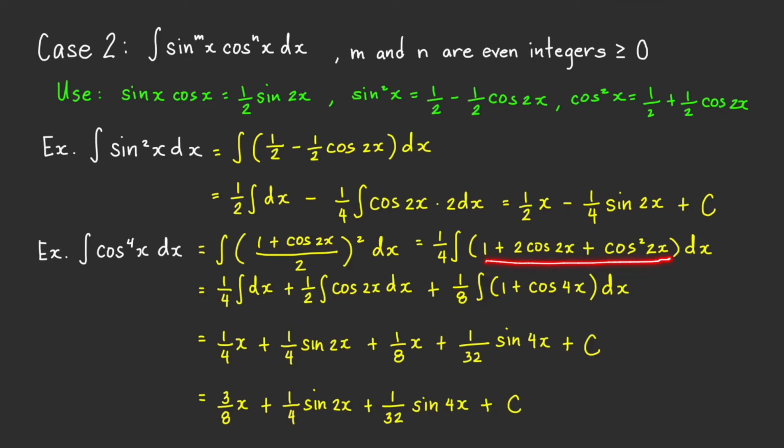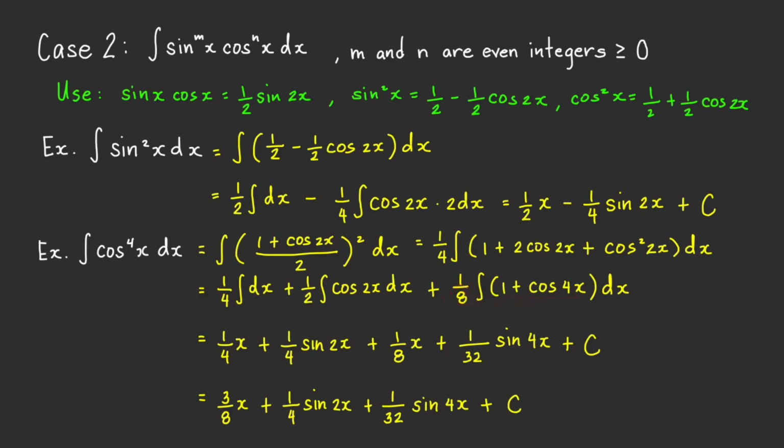And this is equal to the sum of these three integrals. So we have here 1/4 integral of dx plus 1/2 integral of cosine 2x dx, because 2 times 1/4 is equal to 1/2. And then we have here 1 over 4 times 1 plus cosine 4x all over 2.